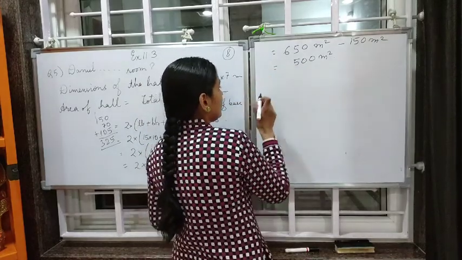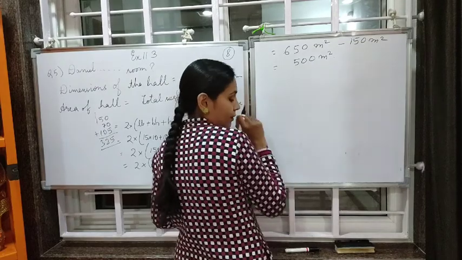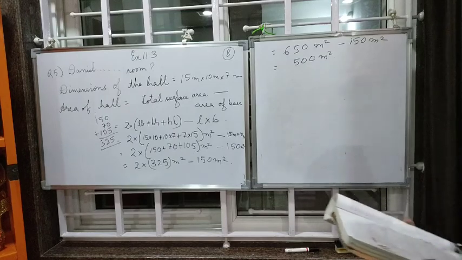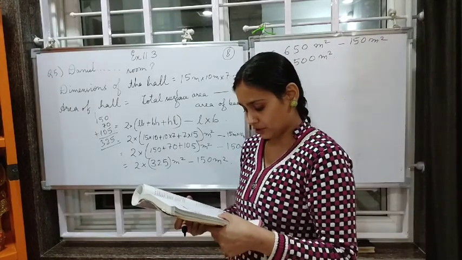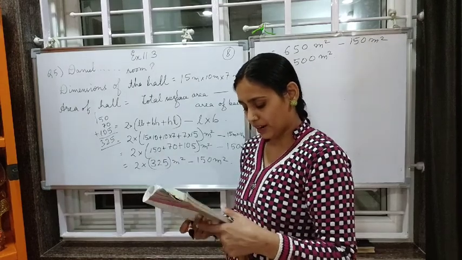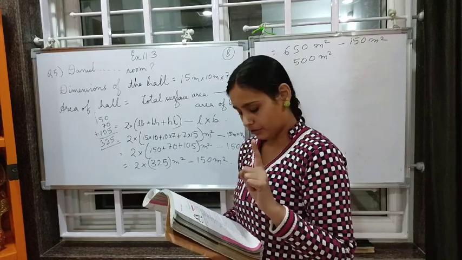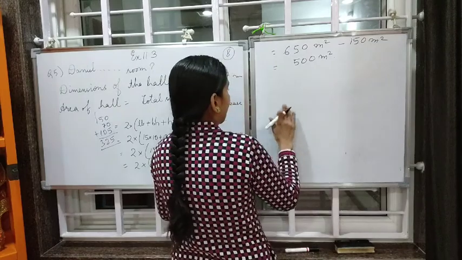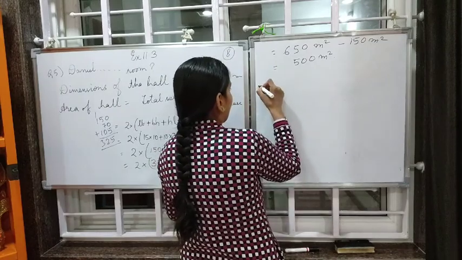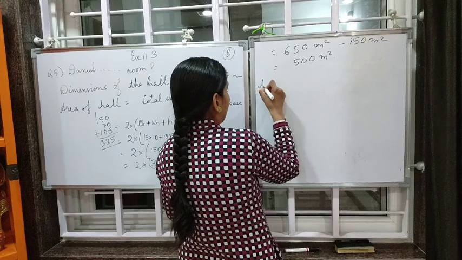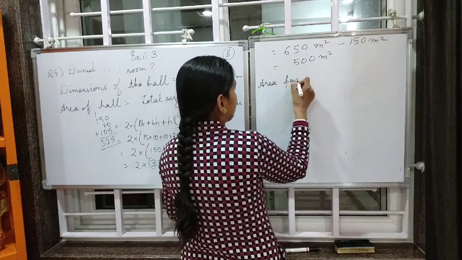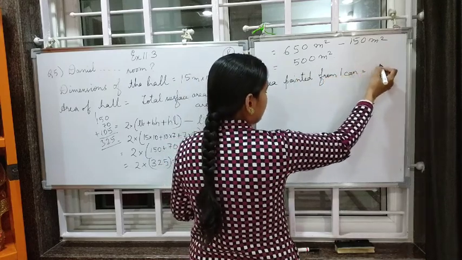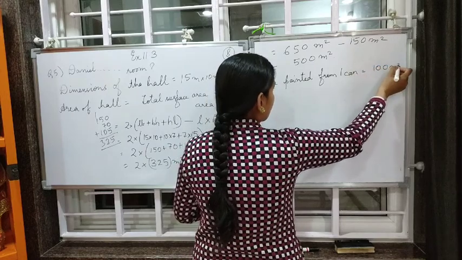So first we will write, wait, what is given? Let me check, children, in the book. Always prefer to write the statements from the question. So from each can, from one can, how much area is painted? 100 meters square of area is painted. So area painted from one can is 100 meters square.